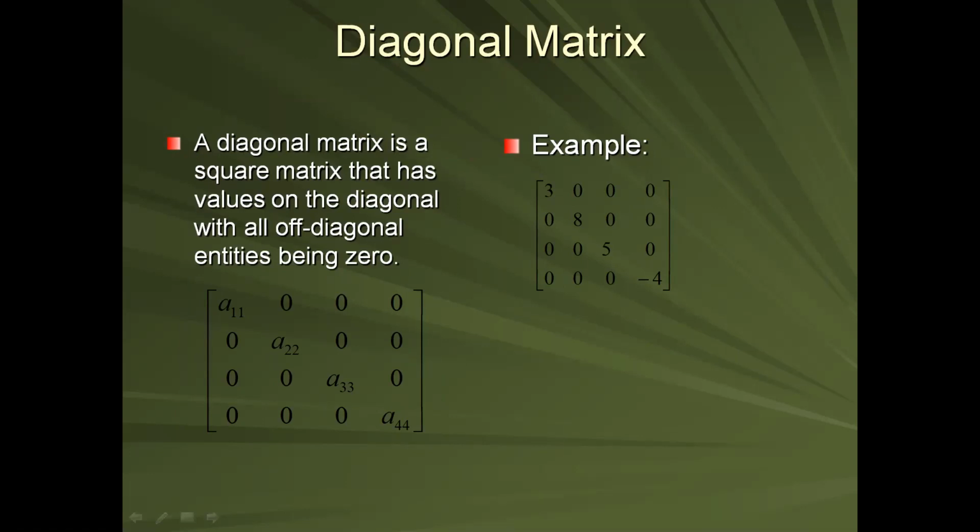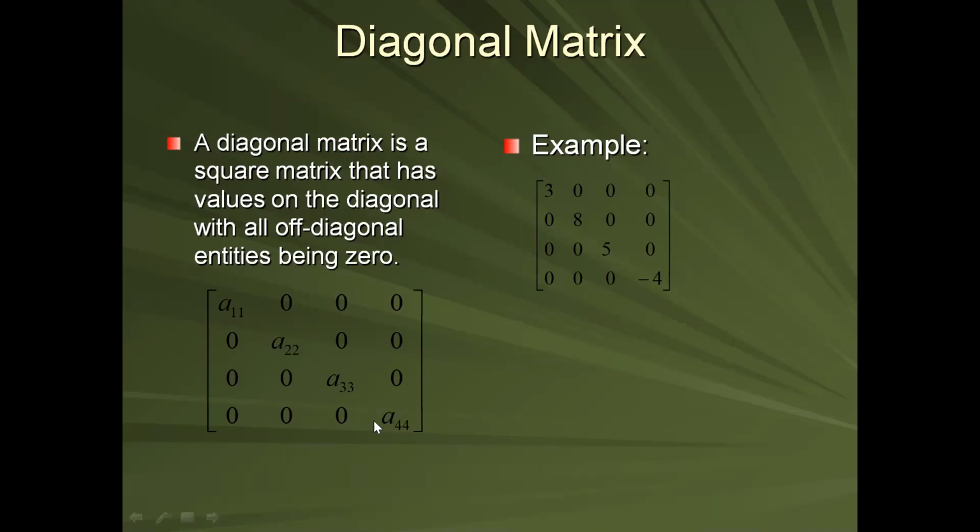Diagonal matrix means it is a square matrix that has values on the diagonal. Diagonal means what? This is called diagonal. A diagonal matrix is a square matrix that has values on the diagonal with all off-diagonal entries being 0.